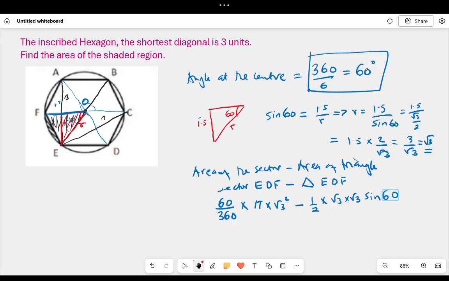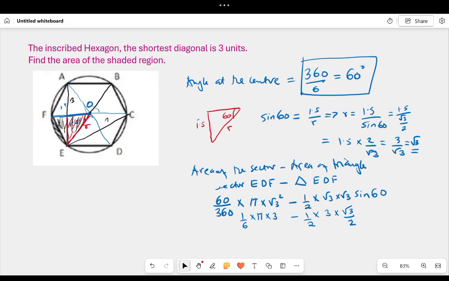Okay. Now, working this out on the side, it's obvious 60 divided by 360 is going to be 1 over 6. 1 over 6 times pi, the square root of 3 squared is going to be 3. Minus 1 over 2, times 3, times the square root of 3, times the square root of 3 over 2, because we know sine 60 is the square root of 3 over 2.